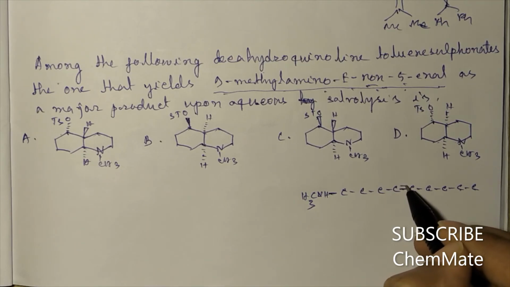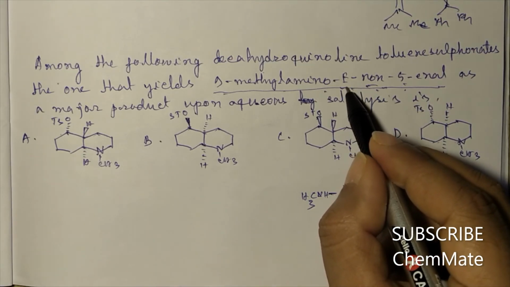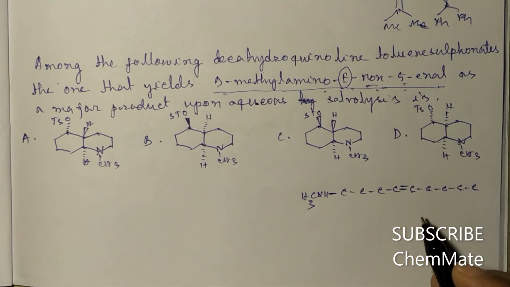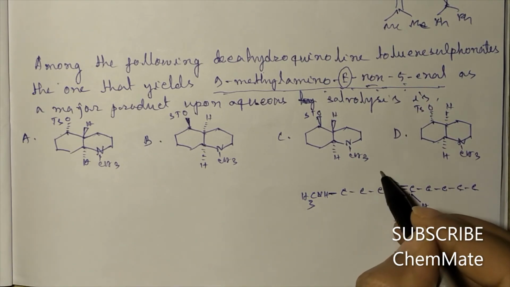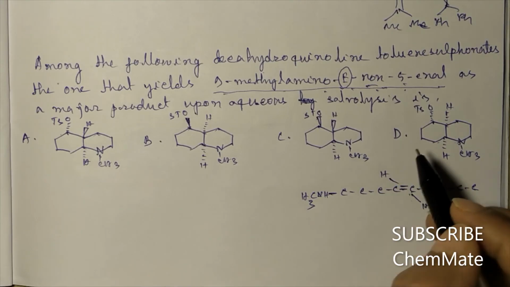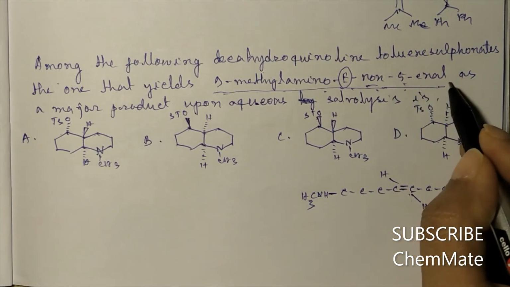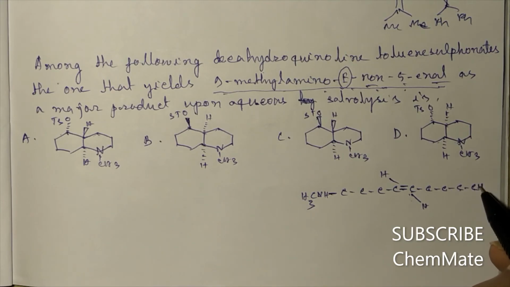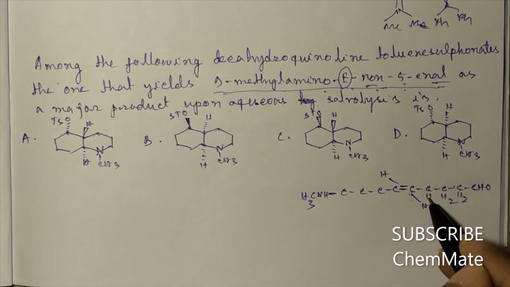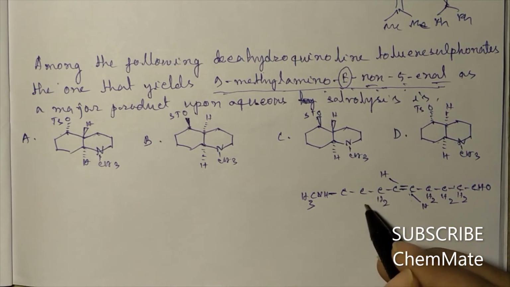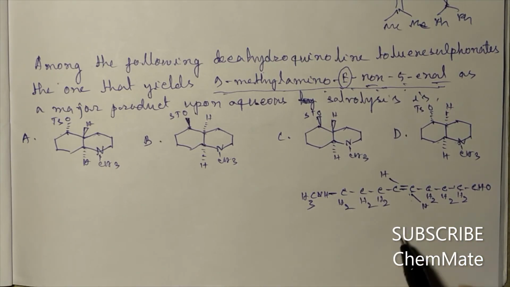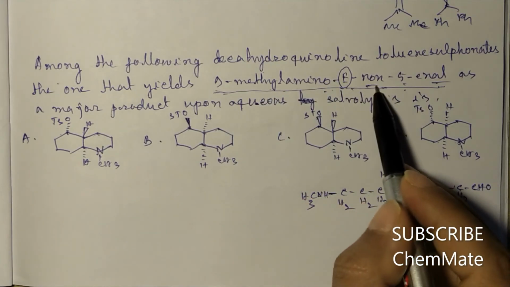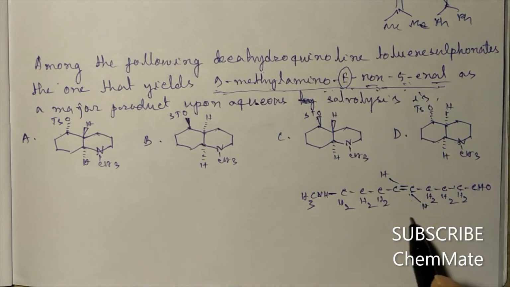There will be a double bond here which will have E configuration. E means trans, so 2 hydrogens will be here in trans position, and one aldehyde group will be here. So this is the 9-methylamino E-non-5-enal.